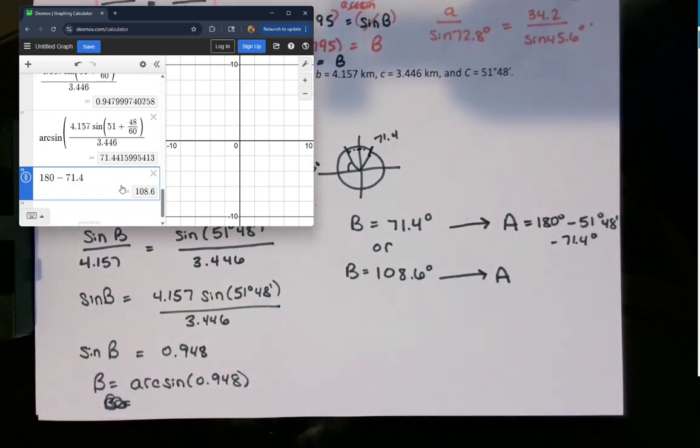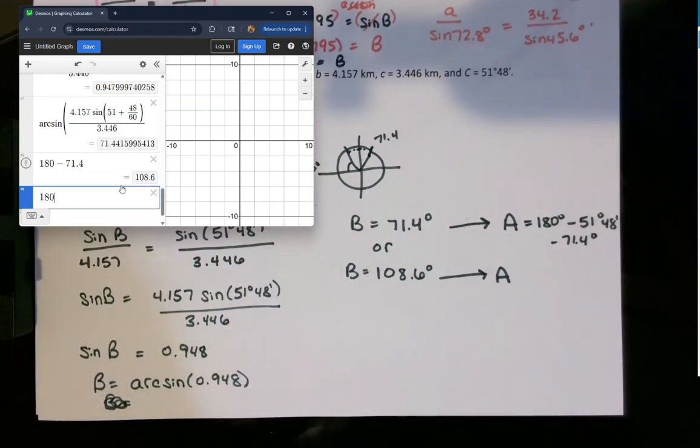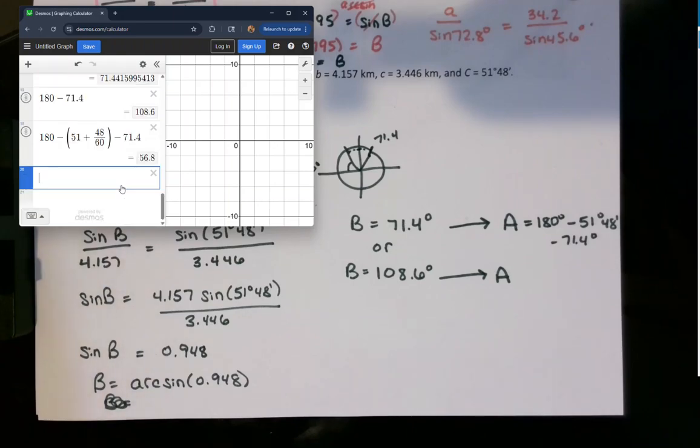Let's see if we can get a measure for angle A. So 180 degrees minus, let me put parentheses here, 51 degrees, 48 minutes, and then minus that 71.4 degrees.